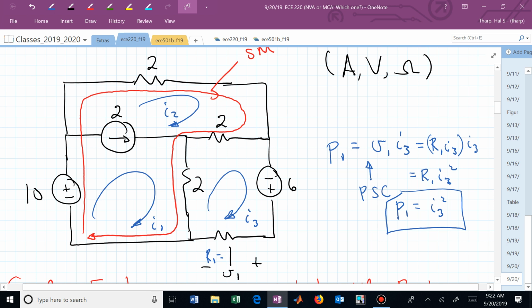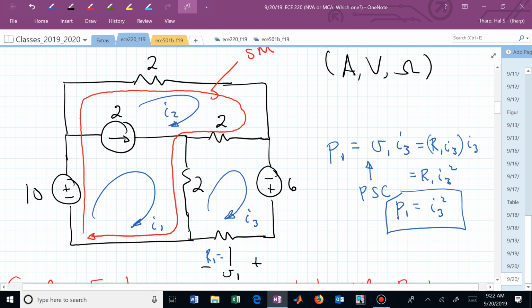Now we have to worry about the constraint that the source presents to our mesh currents. That current source is saying, I'm going to give you 2 amps going from left to right. Well, that means that I sub 2 and I sub 1 have to abide by that 2 amps. They're constrained to always produce, going right, 2 amps.